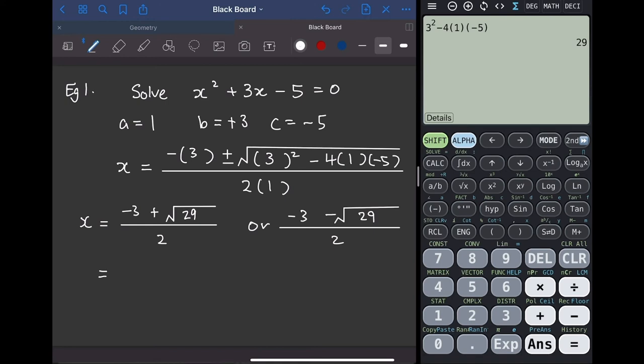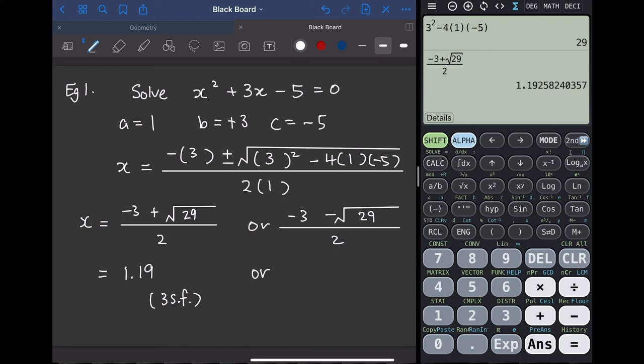So furthermore, just to calculate this, then we will have negative 3, alright, plus the square root of 29. Oops, that's 29 over 2. Alright, so that is 1.19. In general, we can just leave the answer as 3 significant figures.